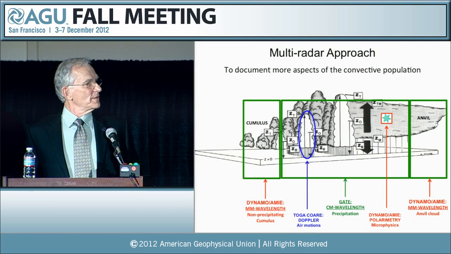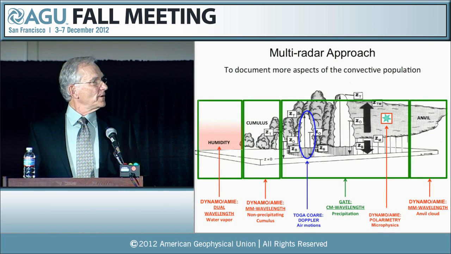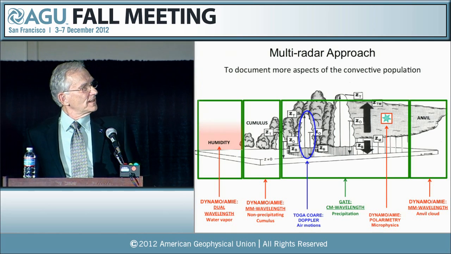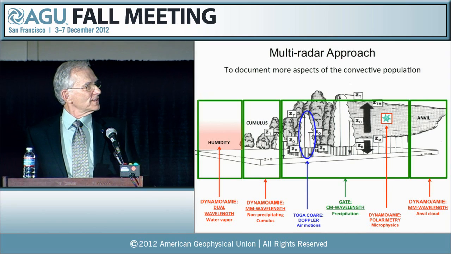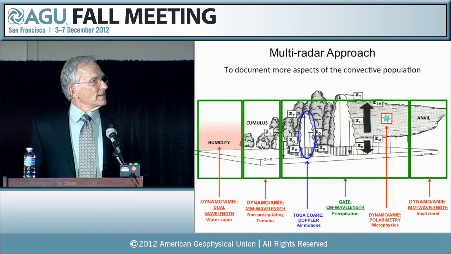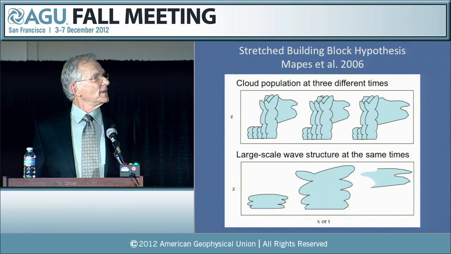So the millimeter radars provide a great part of the picture, and we even experimented with some dual wavelength techniques to try to detect the humidity before it even turns into clouds. So we threw a lot of radar technology at the cloud population to try to document it in more detail than had been done before.